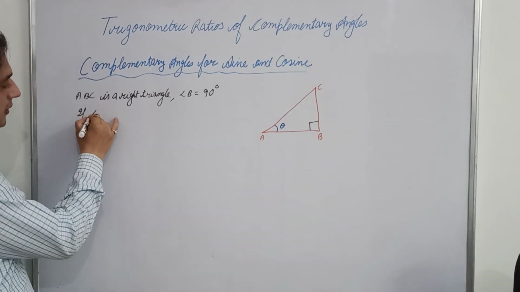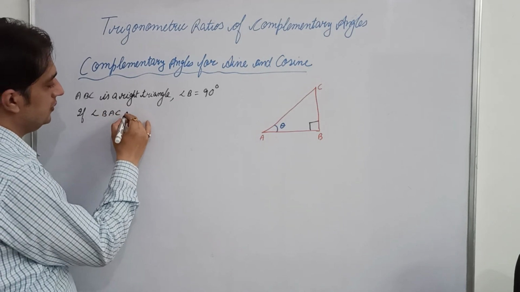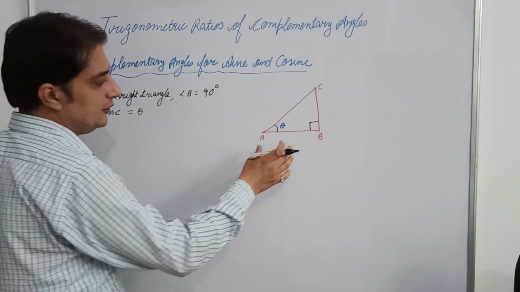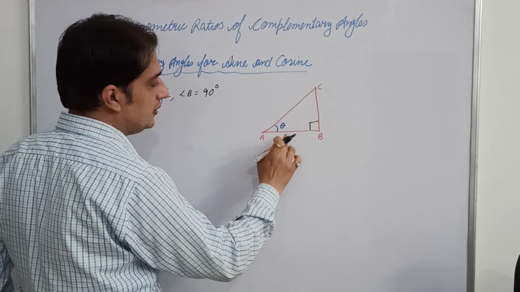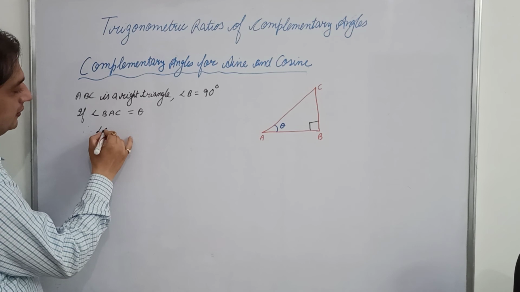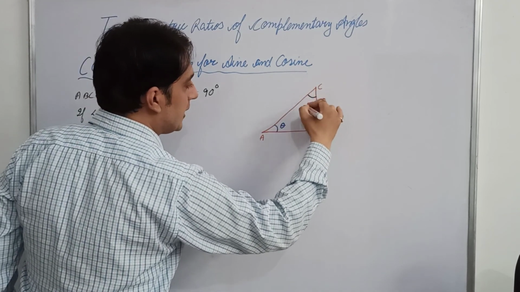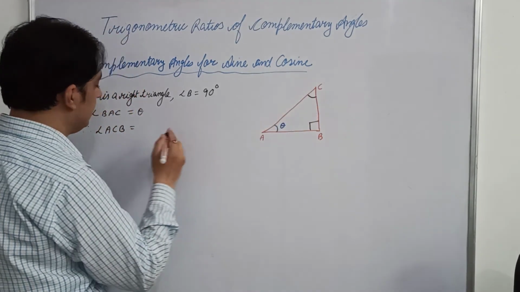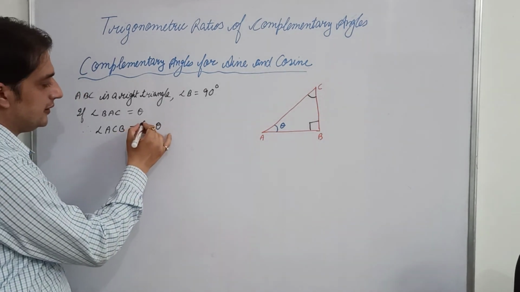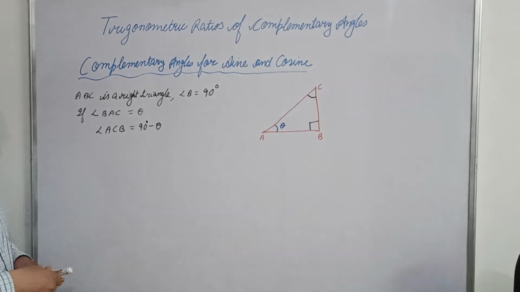If this angle A, or you can say BAC, is equal to theta, then by the angle sum property, you can find angle C. Therefore this angle ACB is 90 minus theta, because these two angles are complementary angles, right?